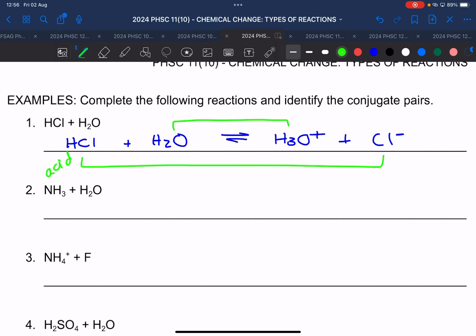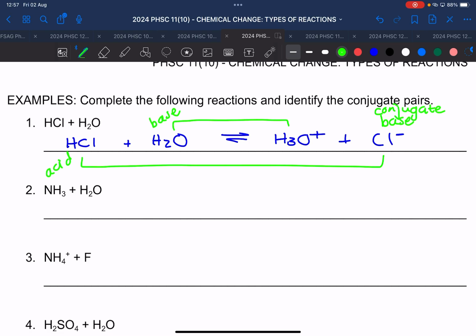And then the chloride on the other side is going to be our conjugate base. And then our water is going to accept, so it's our base, yes. And then the hydronium ion is going to be our conjugate acid, because it's always an acid.